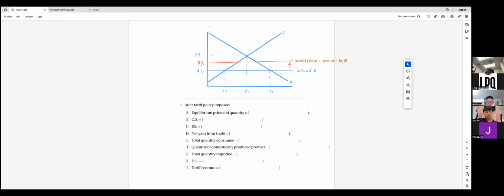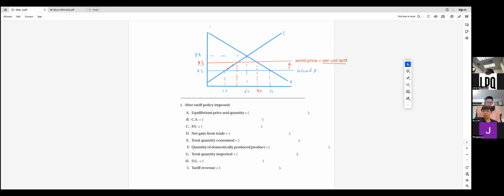Okay, this is how we represent a per unit tariff added on the goods and services made in China. So the domestic price increased to $3. So the quantity demanded here decreases and the quantity supplied here increases. Okay, so the domestic consumer will suffer from this. As a domestic consumer, you no longer can use only $2 for purchasing pencils made in China, but you need to pay 3.